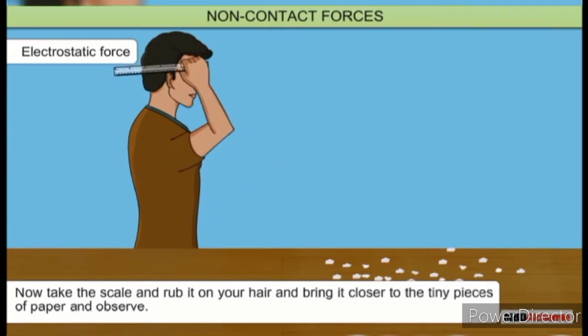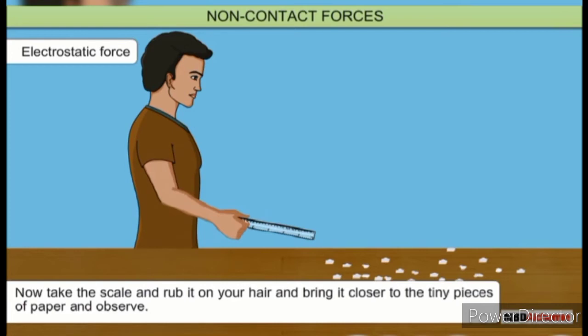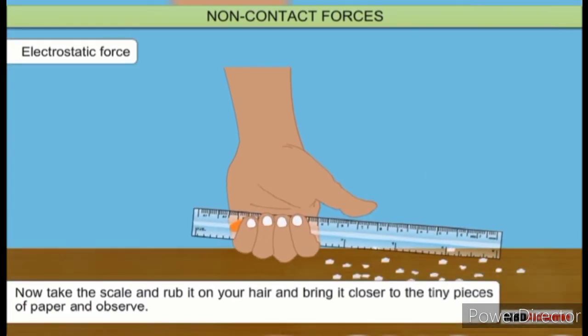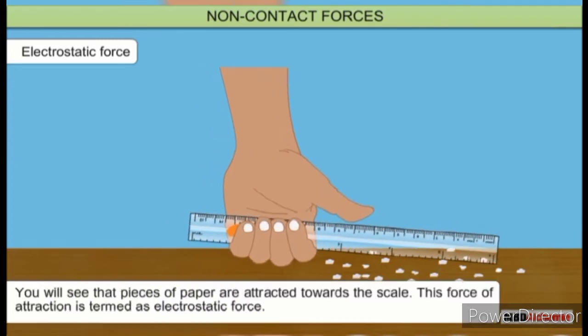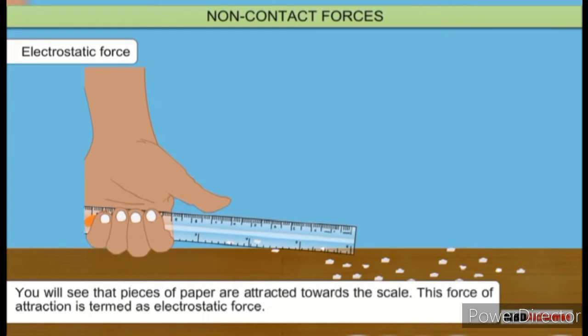Now take the scale and rub it on your hair and bring it closer to the tiny pieces of paper and observe. You will observe that pieces of paper are attracted towards the scale. This force of attraction is termed as electrostatic force.